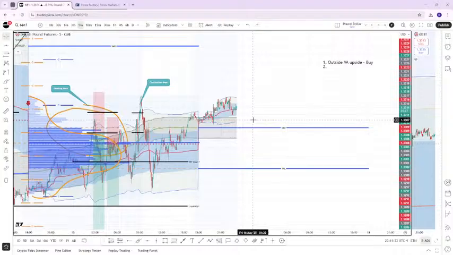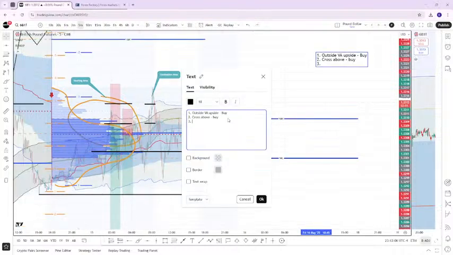And now let's get into it. So this is still me framing narrative. 70. Still me framing narrative. I'm not looking at entries, exits.